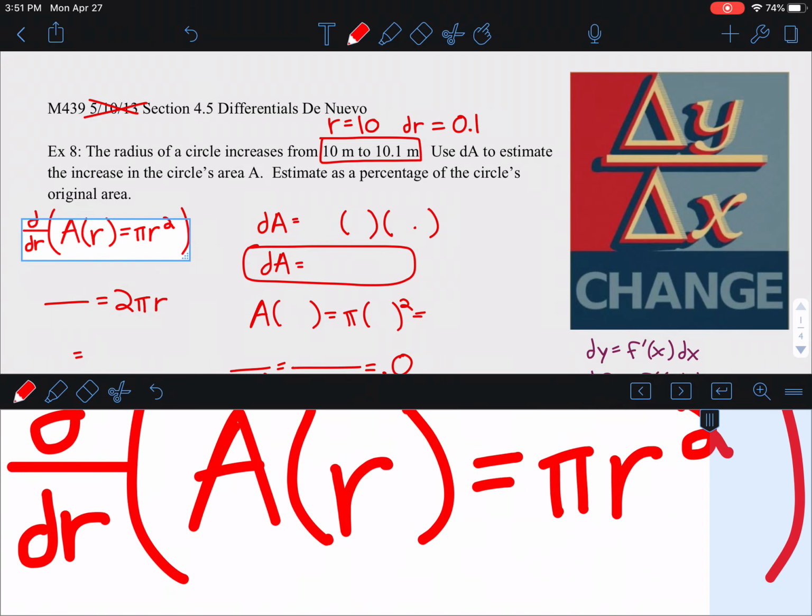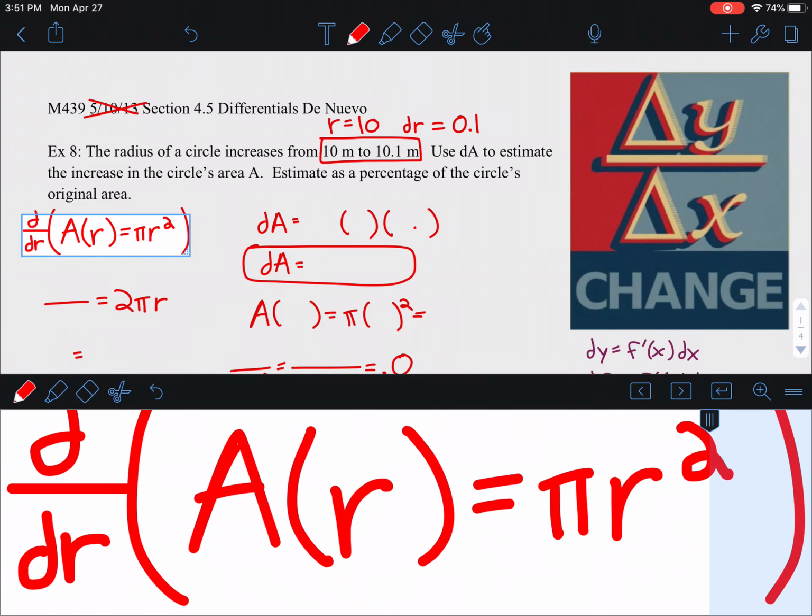Okay, and now on the other side, what is the derivative of A of r? Well, think of A as the name of a function. What would we say is the derivative of f of x? We would say f prime. Now, we could say A prime here, but we want to think of this in terms of differentials.